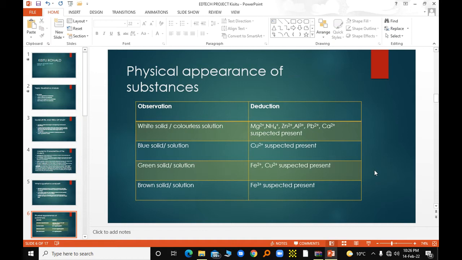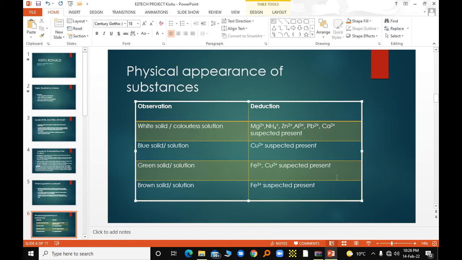If someone is given a white substance, or a colorless liquid, anything white or colorless, that person must suspect magnesium, ammonium, zinc, aluminium, lead, calcium suspected present.